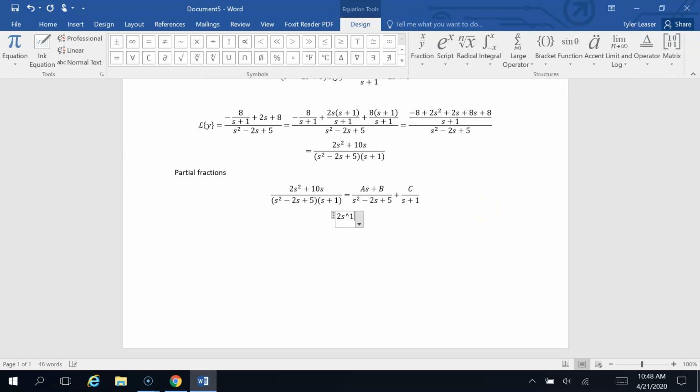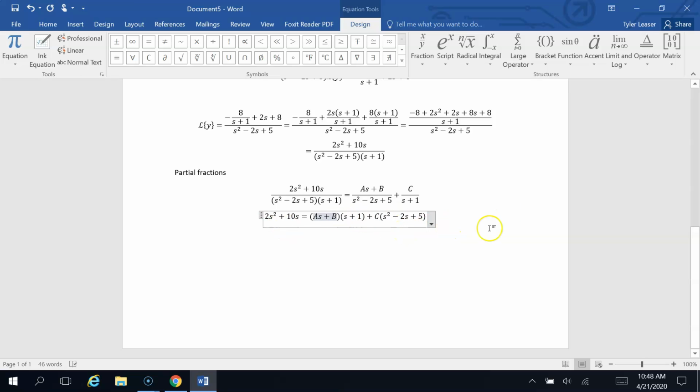Alright, we have to figure out what these constants are, so we're going to multiply everything by that common denominator. On the left-hand side, we're going to get 2s squared plus 10s. On the right-hand side, we're going to have that as plus b. We're going to multiply that by s plus 1, plus the c we're going to multiply by the s squared minus 2s plus 5. I don't know if there's an easy way to figure out what these are going to be.